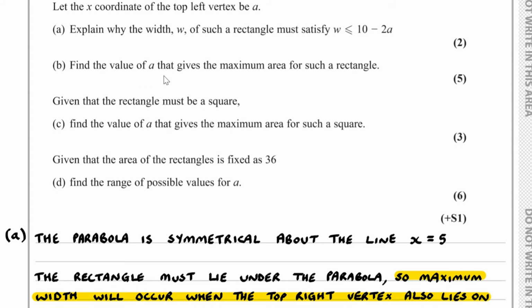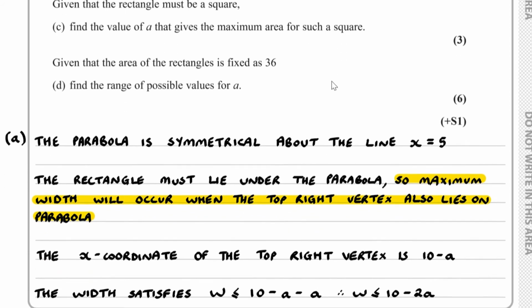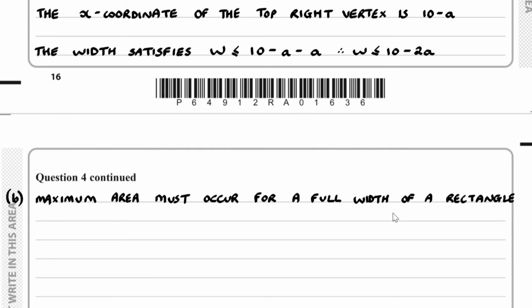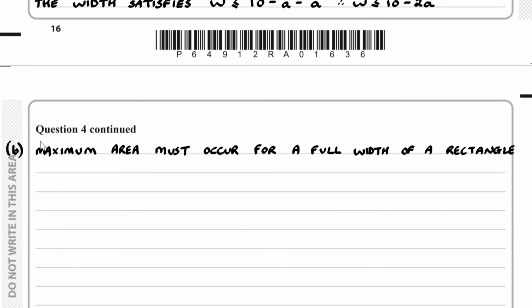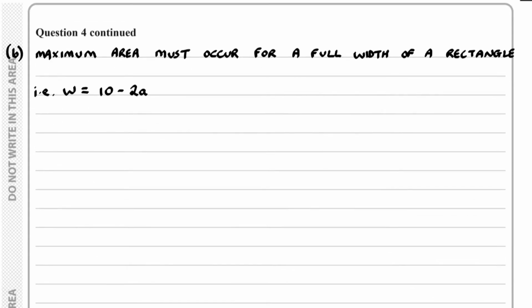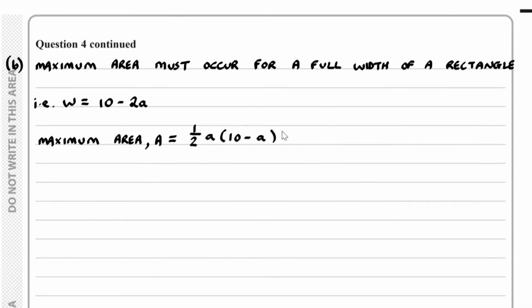For part B, we have to find the value of a that gives the maximum area for such a rectangle. Now the maximum area must occur for a full width of a rectangle. In other words, that means W is equal to 10 subtract 2a. Now, the maximum area A will equal 1/2 times a times 10 minus a.